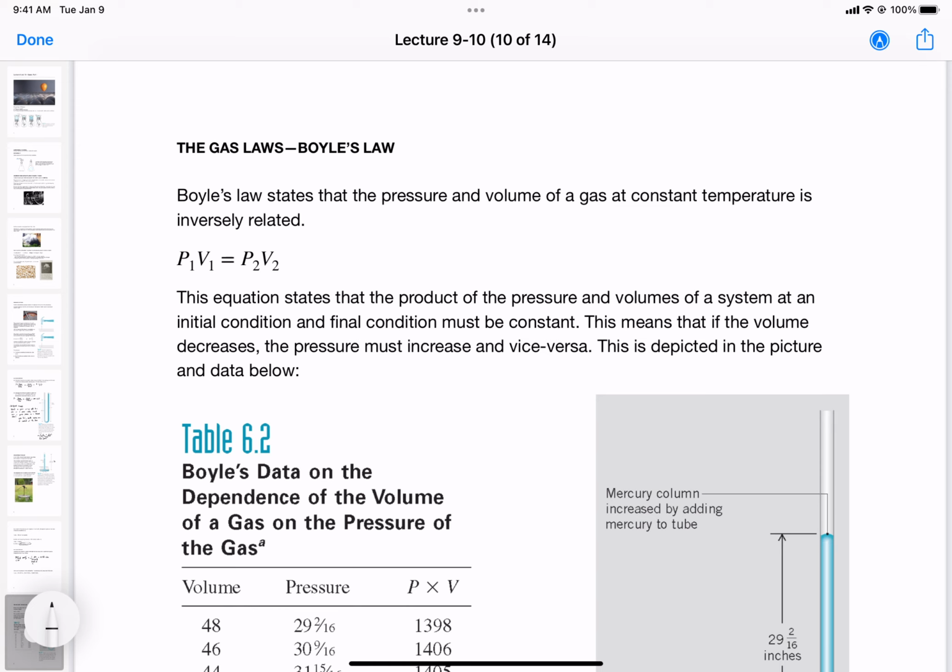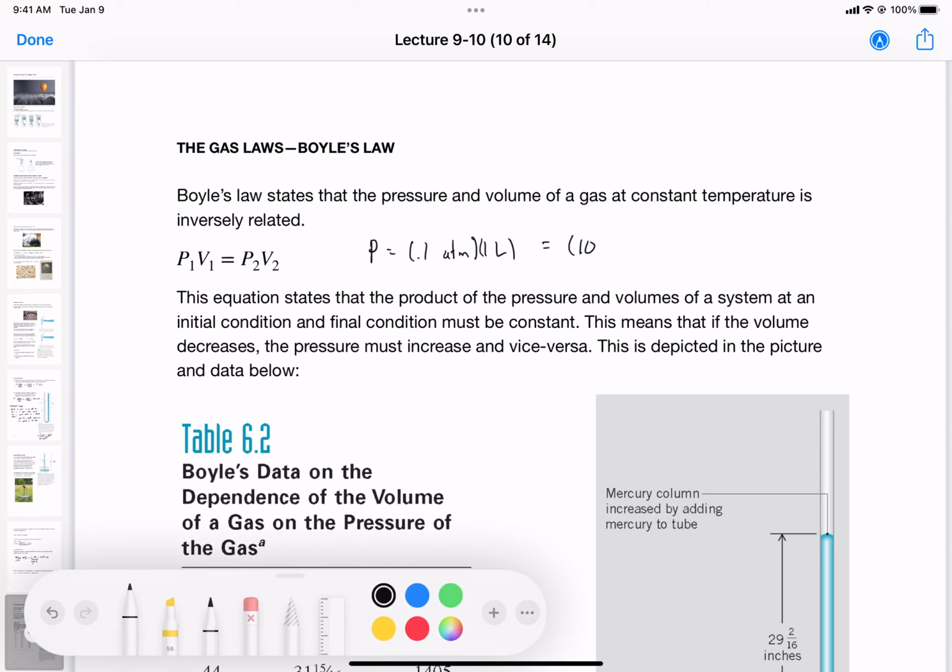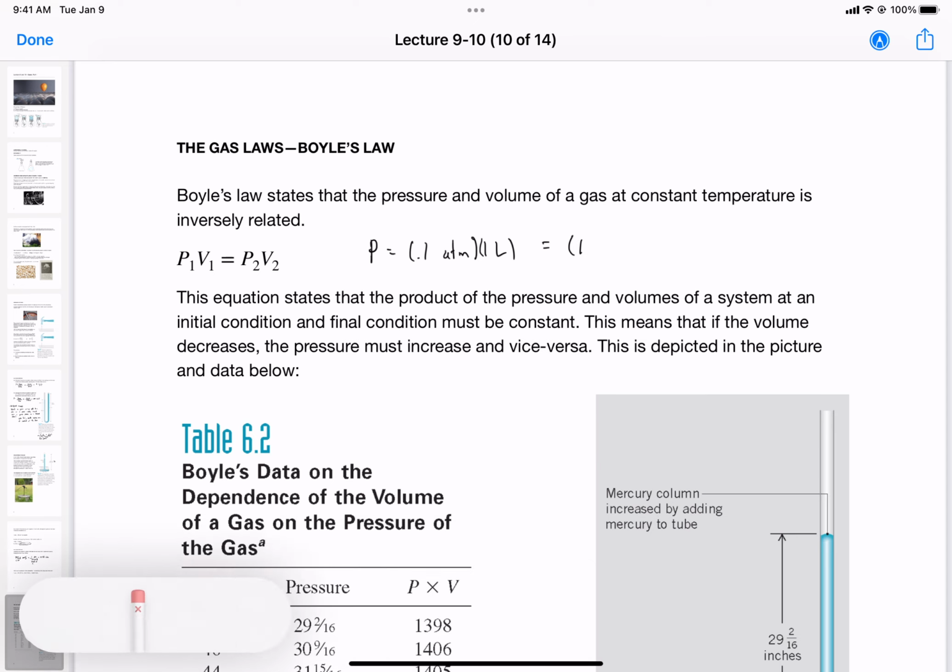Okay, so we use the equation P1 times V1 equals P2 times V2. Say the pressure here is 0.1 atm and the volume is 1 liter, and we increase the pressure tenfold to 1 atmosphere.